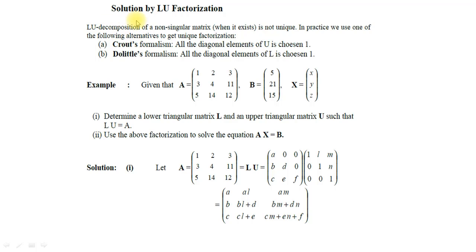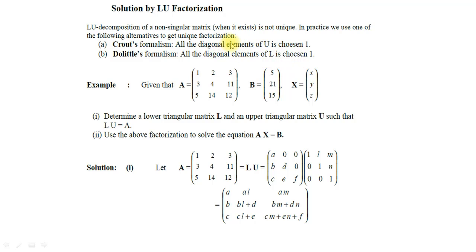Now, dear students, as I have already told you, the LU decomposition of a non-singular matrix, when it is possible, is not unique. In practice, we use one of the following alternatives to get a unique factorization. We can use Crout's formalism, where all the diagonal elements of U are chosen 1, and Doolittle's formalism, where all the diagonal elements of L are chosen 1.